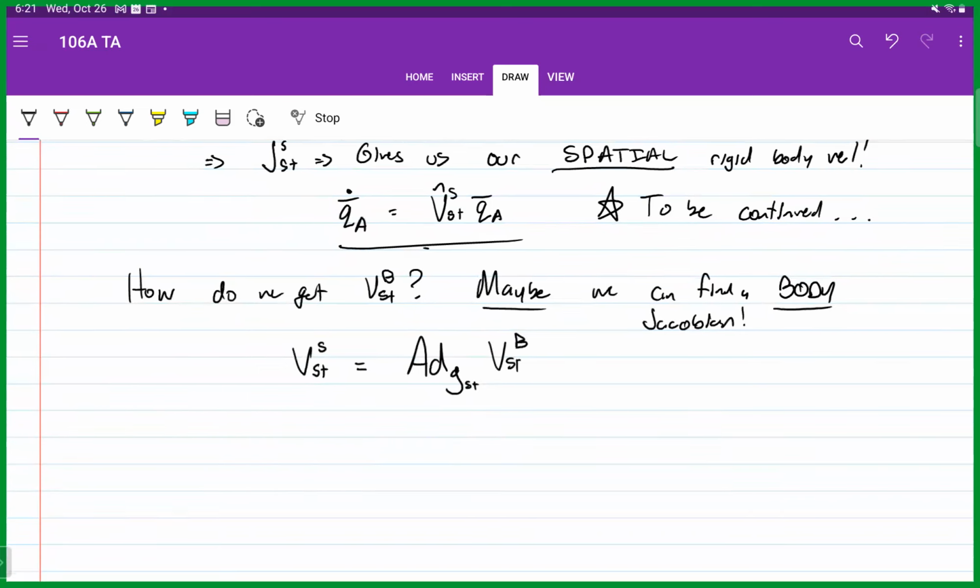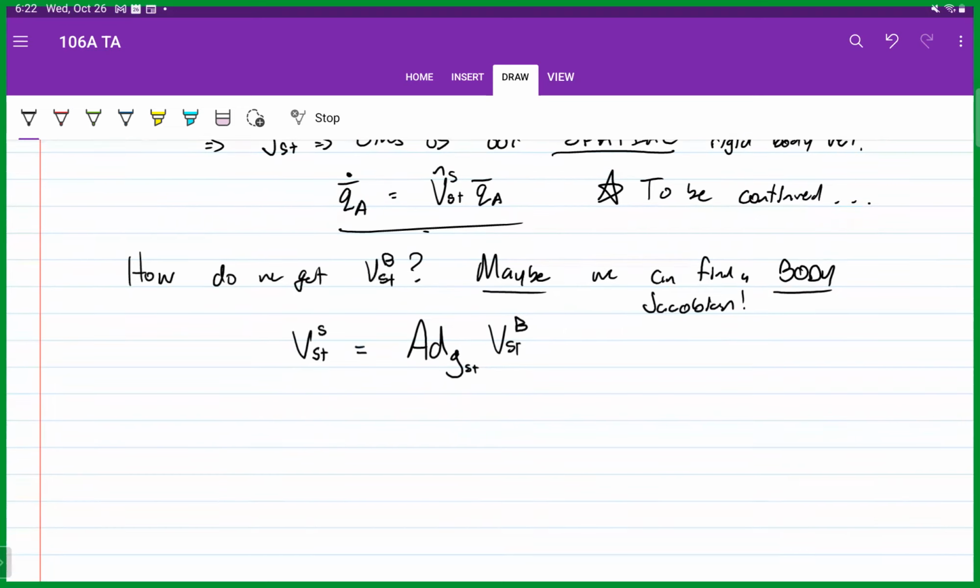So what we want is V_st body in terms of V_st spatial and its Jacobian. So I'm going to multiply both sides by the inverse of the adjoint so we can get V_st body all on its own, because that's the output that we want from this.